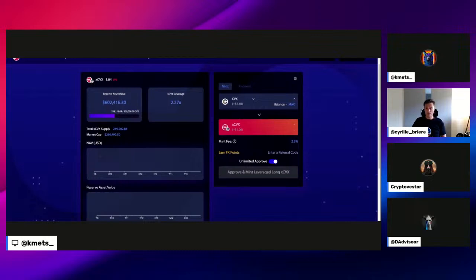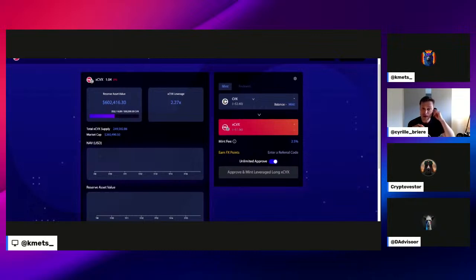And I think there's also something to point out, which could be very attractive to these CVX maxis you've been talking about. It's right there under our nose on the page. It's earn FX points, because FX points is the only opportunity to earn yield on top of holding liquidation-free leverage tokens, because minting and holding an X token on FX is eligible for FX points.